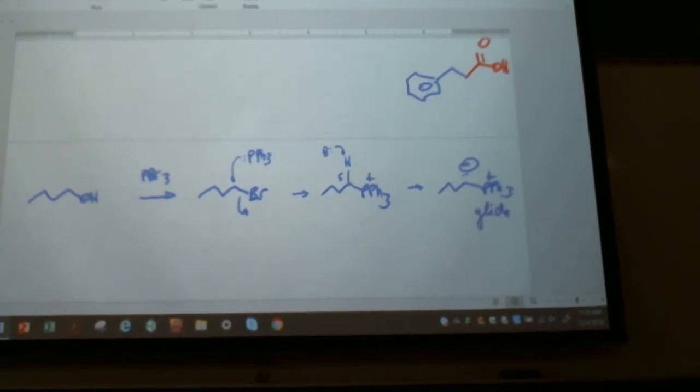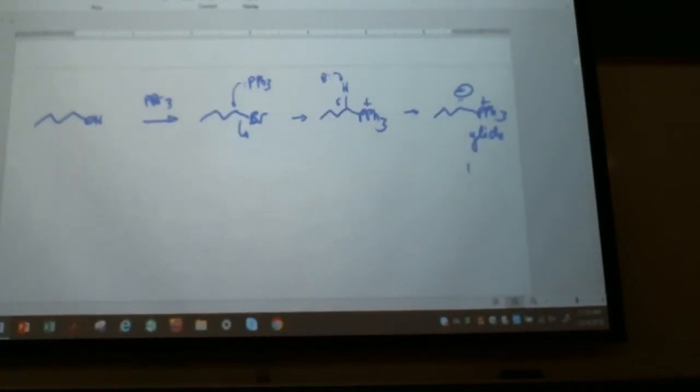The ylide will then add to the carbonyl in that aldehyde, benzaldehyde. So when you put that ylide in the presence of benzaldehyde, initially this is going to add, you're going to form an alkoxide ion, but then these two will react and leave.